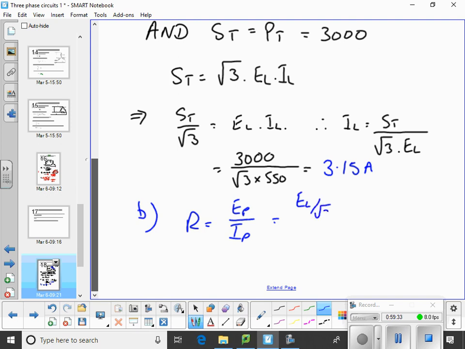EL over root 3 divided by the current. Whichever one of those two voltages you've got, you can always get the other one. In this case, we know the line voltage, but we need the phase voltage. We just divide the line voltage by root 3. So that's 550 over root 3 divided by 3.15.